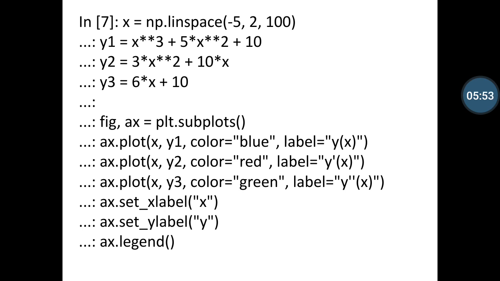The function we call here is subplots. Then ax.plot(x, y1, color='blue', label='y1'), ax.plot(x, y2, color='red', label='y2'), ax.plot(x, y3, color='green', label='y3').